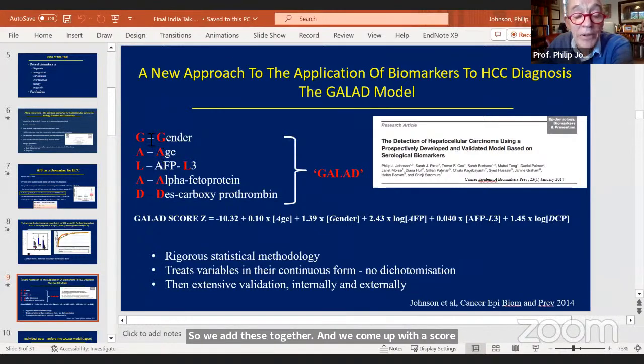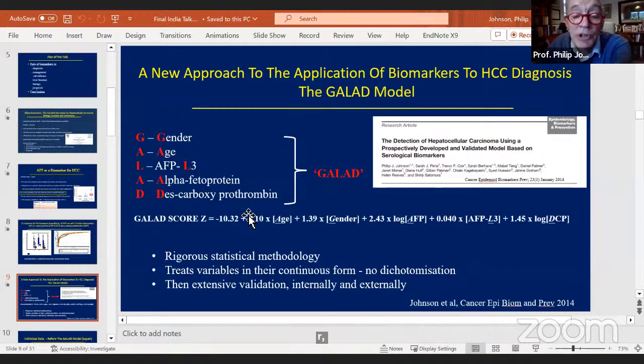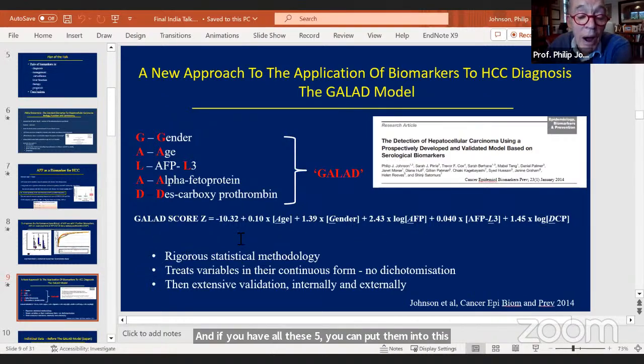And GALAD stands for gender, age, and then the three biomarkers, AFP-L3, alpha-fetoprotein, and des-carboxyprothrombin. And if you have all these five, you can put them into this score, and that will give you a value which will tell you the likelihood that HCC is present in a particular patient.